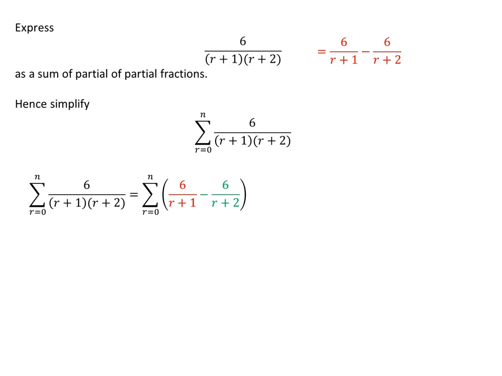So, using the properties of sigma notation, I can split that up as being the sum between r equals 0 and n of 6 over r plus 1, take away the sum between r equals 0 and n of 6 over r plus 2.